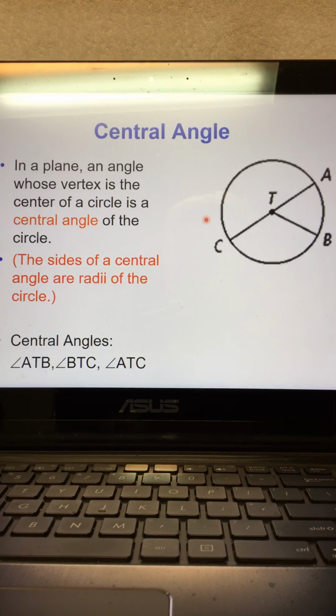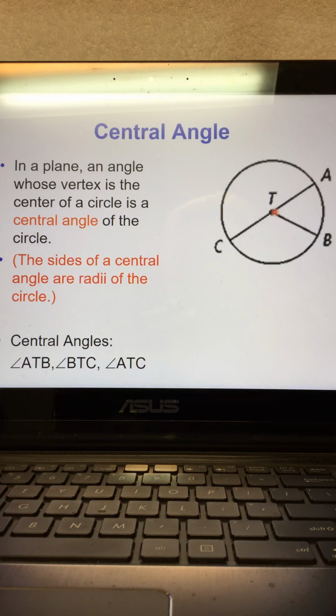A central angle. I'm not sure that you will have ever heard of this term before. So in a plane, so you have to be on a flat surface, an angle whose vertex is the center of a circle. So here's the center of the circle. So any angle, like if I went A, T, B, that angle has the center of the circle as its vertex.